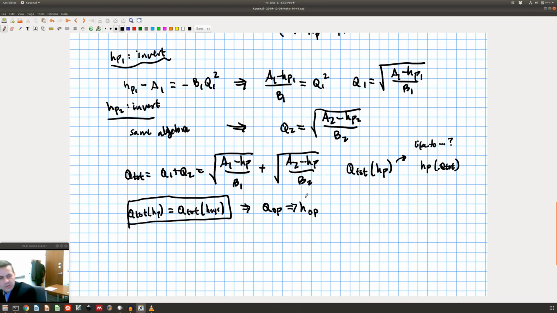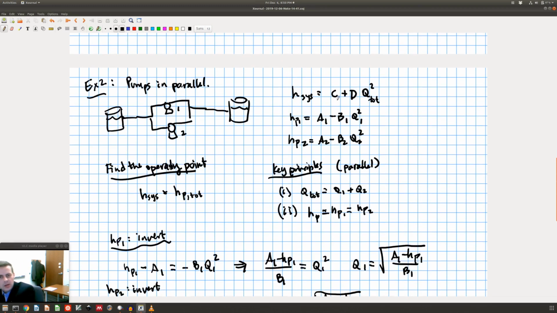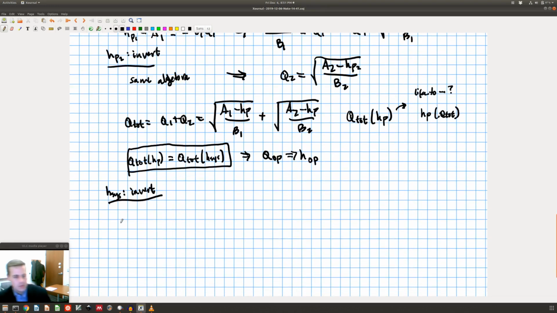So that's what I'm going to do: I'm going to invert my system demand curve. So I have H system now, and I'm going to invert that. Okay, so let me look up here. H system is C plus D Q total. So let me copy that down. H system is equal to C plus D Q total squared.